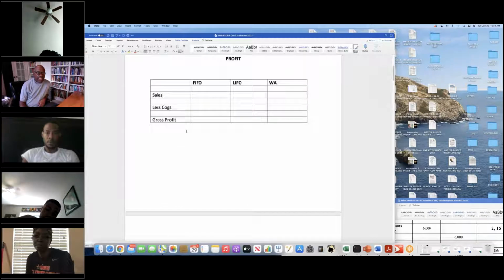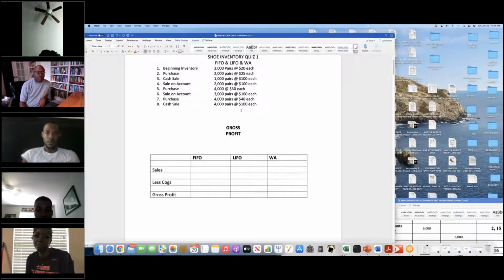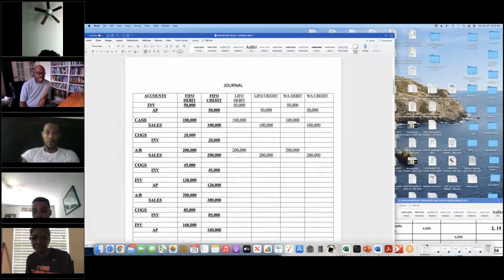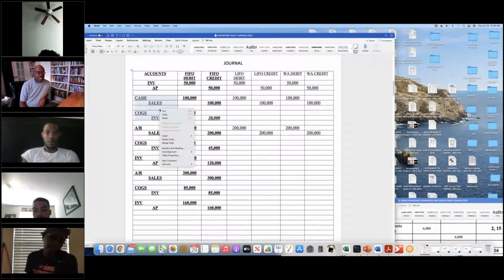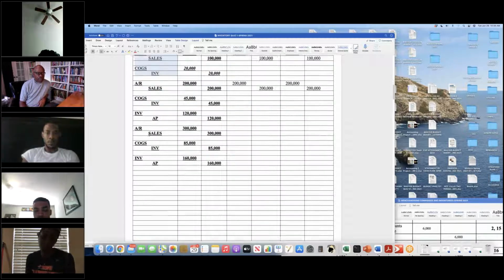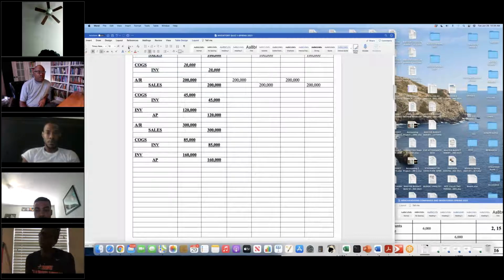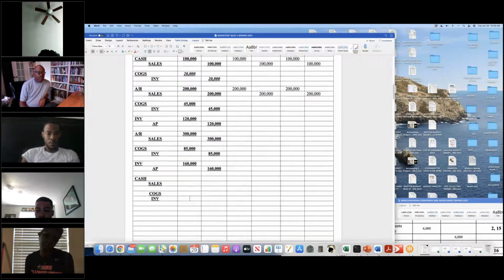Then we have a cash sale, correct, of 4,000 at 100. That's our final transaction. A cash sale of 4,000 at 100. We can come in here and copy these. So we got two journal entries to make. The first one is for the cash.